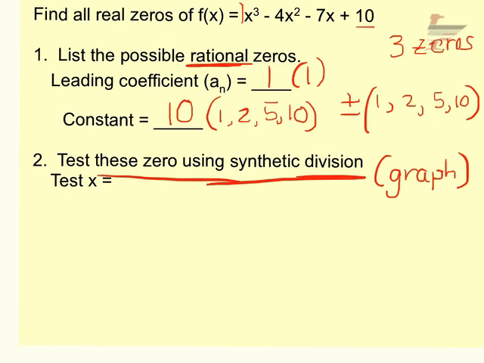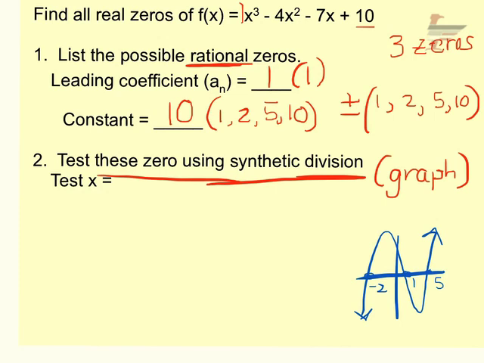Just FYI, I'll sketch a tiny graph down here. I know that all 3 of my solutions are crossing the x-axis, so they're real. It appears on my graphing calculator that this is -2, that's a 1, and this is a 5.